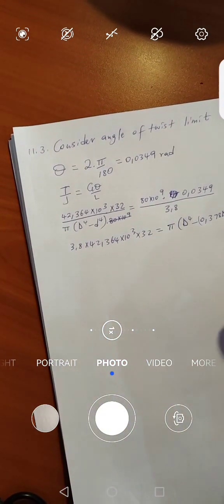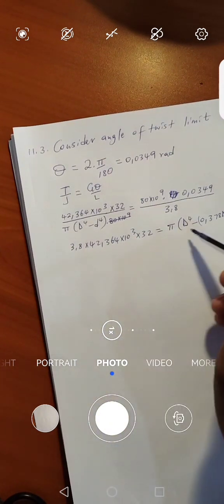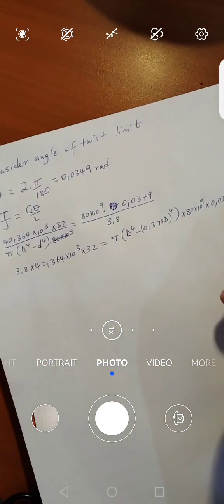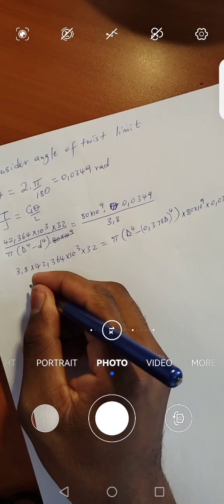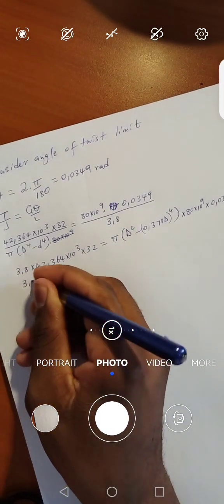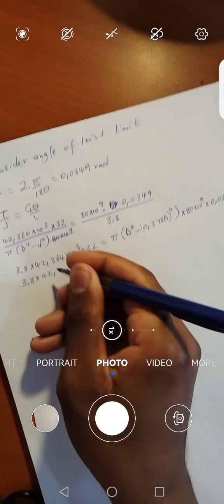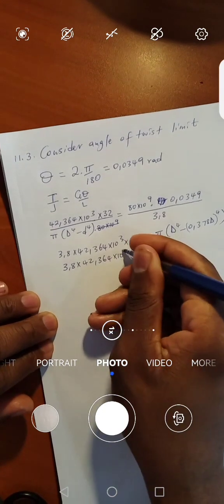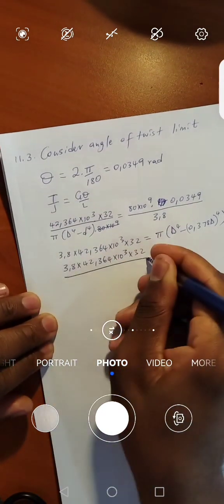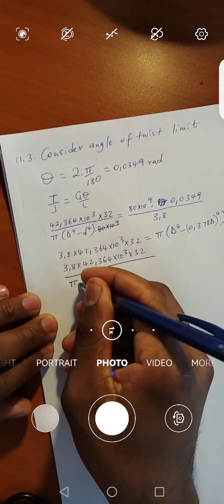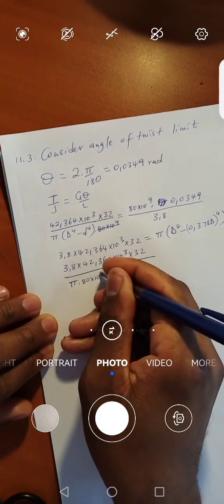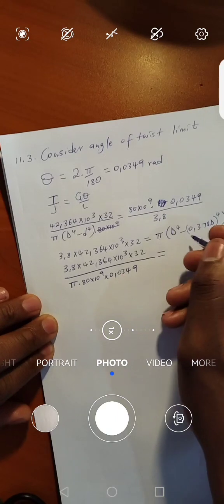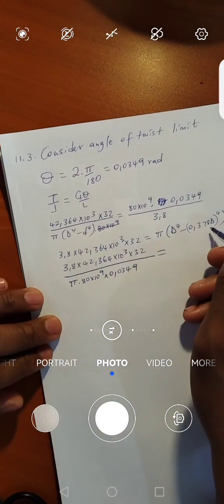Yeah, from here you can divide this side by the product of this and this. Then you'll have 3.8. Then this one minus this.